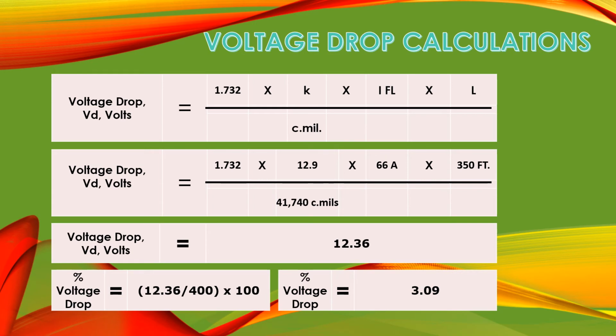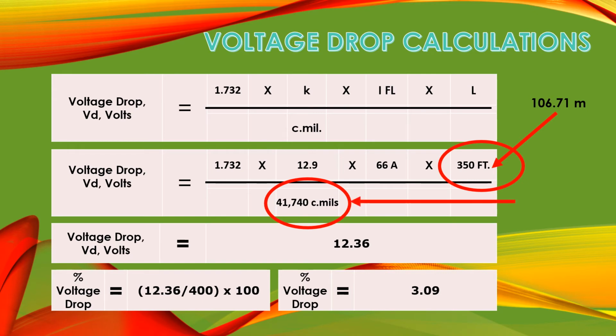So 3.09 means almost equal to the 3%. So what does this mean? So 350 feet, this is equal to 106.71 meters, and this circular mils 41,740 is the same conductor, number 4 American wire gauge or 22 mm squared, and we get 3.09, or we can say almost 3%.